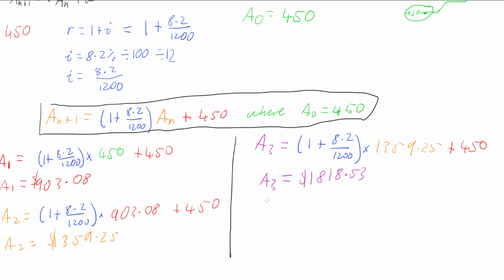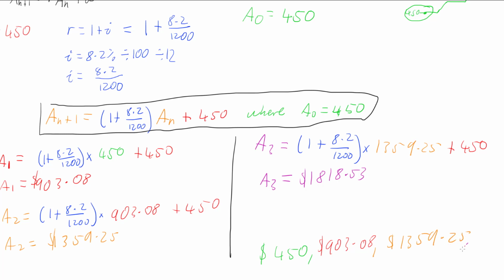So our amounts are, starting from the first month, we had $450. And then at the second month is $903.08. At the third month, we're going to have $1,359.25.